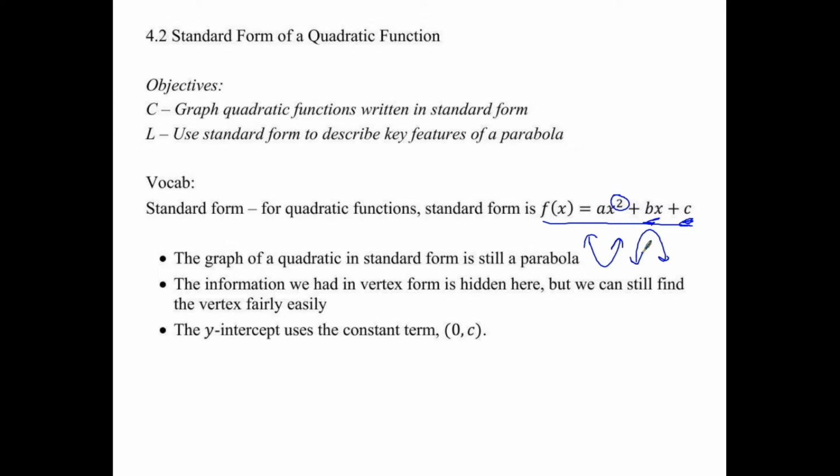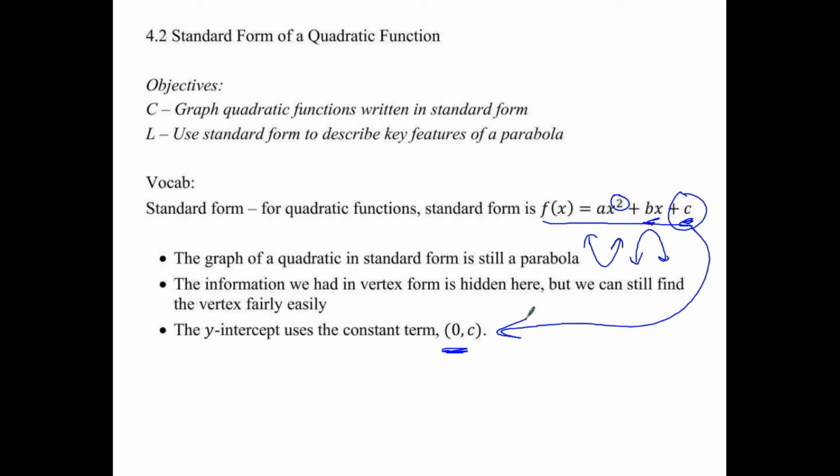The y-intercept is present in standard form where it wasn't present in vertex form, okay? Vertex form, you can't see the y-intercept easily. In standard form, you can. The y-intercept is the constant term, and you write it as an ordered pair, 0, c. And the c is that number right there. It's the constant term. So that guy is the y-coordinate in the ordered pair 0, c.